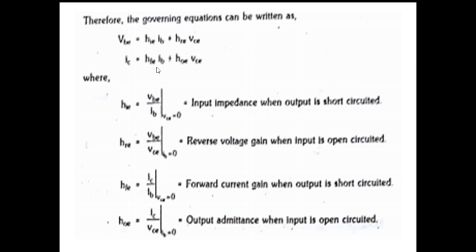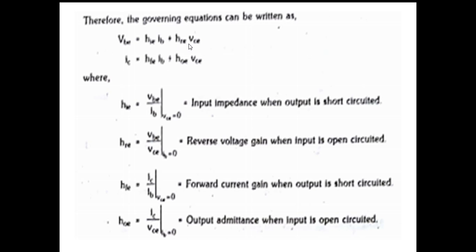HFE is one current plus another current. The currents will be added when the two currents are in parallel, whereas voltages are added when the two voltages are in series.